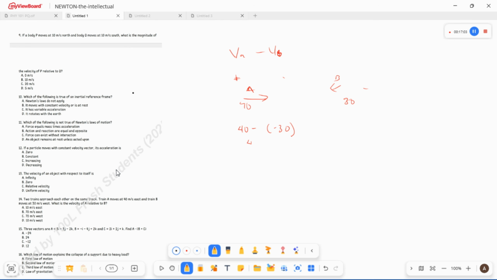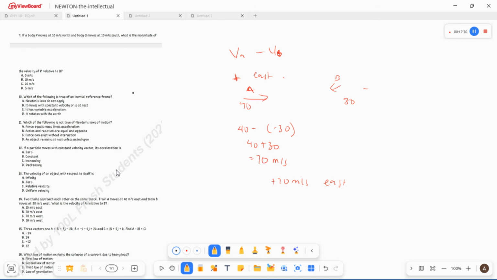So we have 40 plus 30, and this is equal to 70 meters per second. Now, how do we know whether it moves east or west? The value is plus 70, positive. Since we said positive is for east, it's going to move 70 meters per second east. So the velocity of A relative to B is 70 meters per second east, option B.